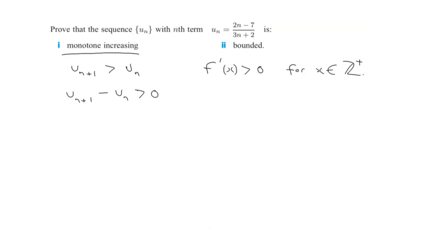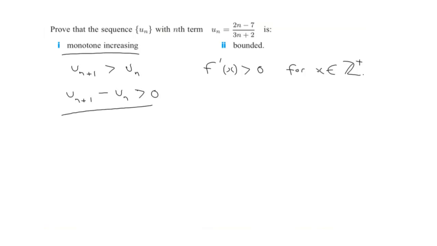You might be able to use that to show that it's monotone increasing, but you definitely can't use it for this because it's not geometric. So for this, to be honest, using the derivative or using this un plus 1 minus un, I think probably the amount of work involved is similar, but I am going to use this first method.